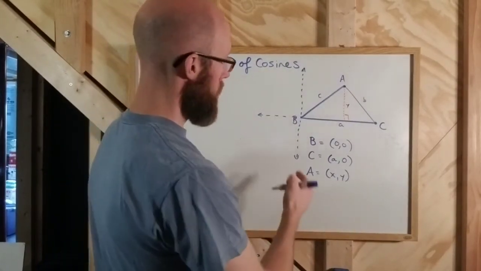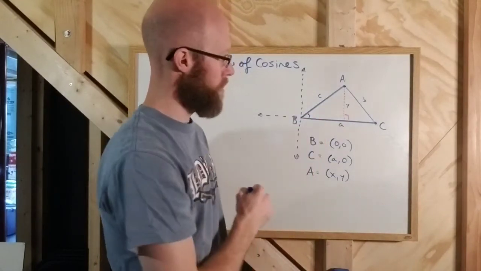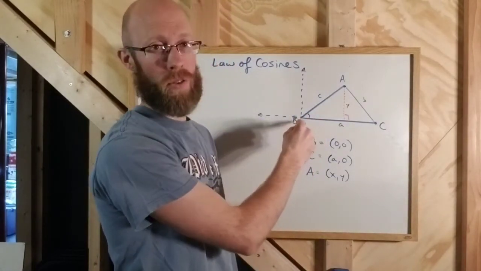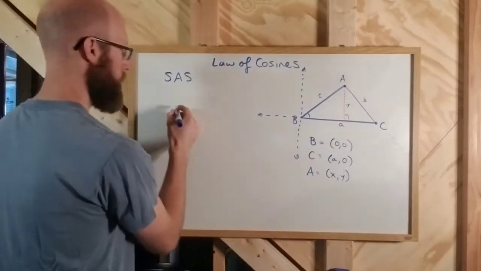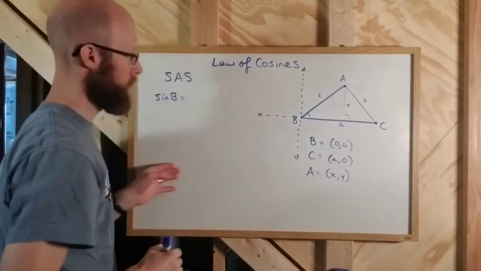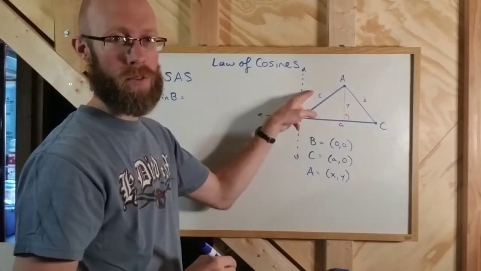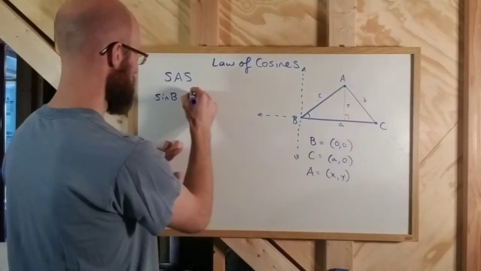So now if I look at angle B right here, because that's my central angle, I know that the sine of B is opposite over hypotenuse, so it's y over c.